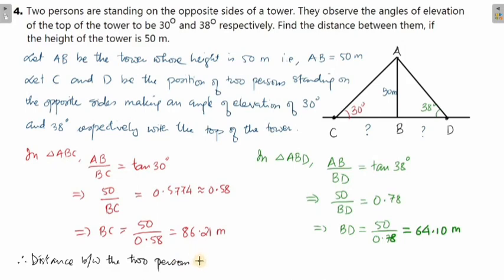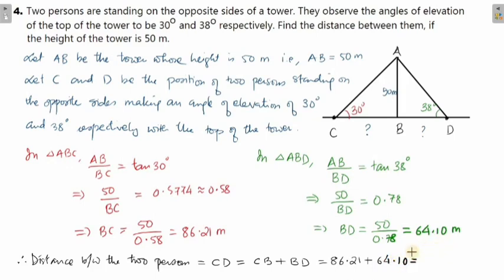From the diagram it is CD, isn't it? So CD is nothing but CB plus BD. Now CB is BC, which is 86.21, plus we have BD, which is 64.10. So let's add them up.